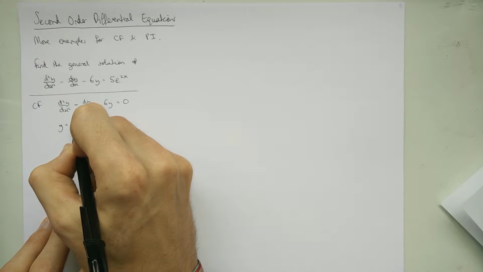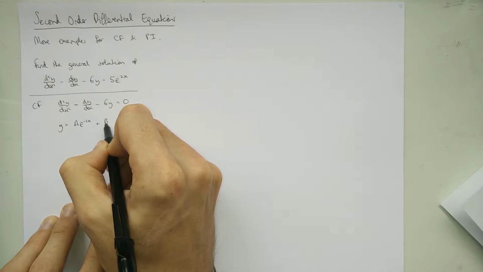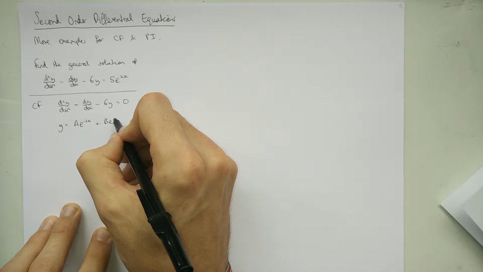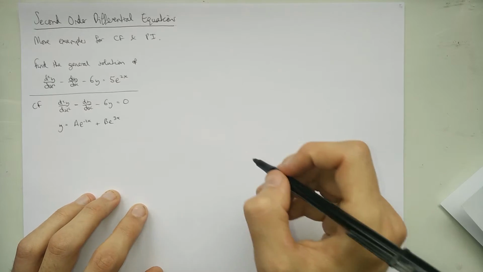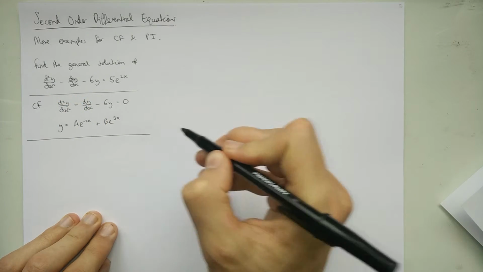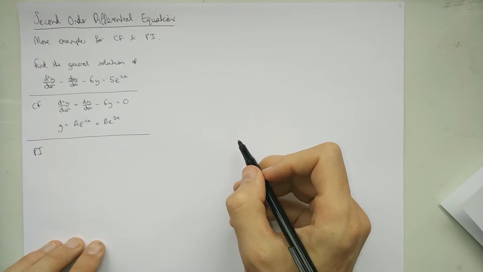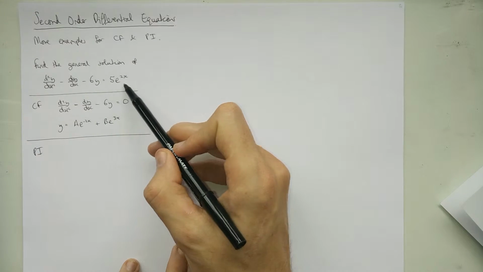We worked out then that it was a e to the minus 2x plus b e to the 3x, because the roots were minus 2 and 3 for the auxiliary equation. The reason we're doing that one is so we can get on with working out the particular integral. So we've got to try and choose a correct particular integral for this function here.